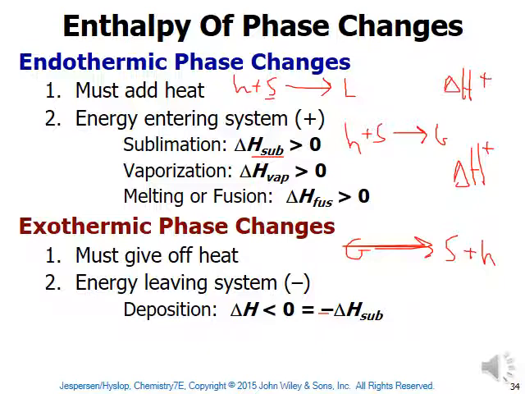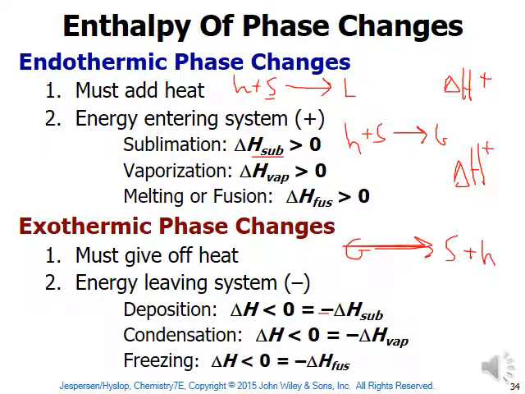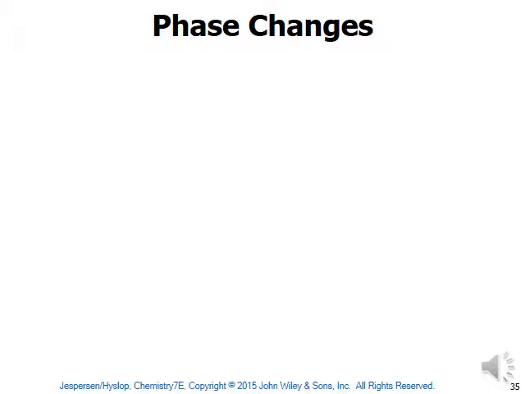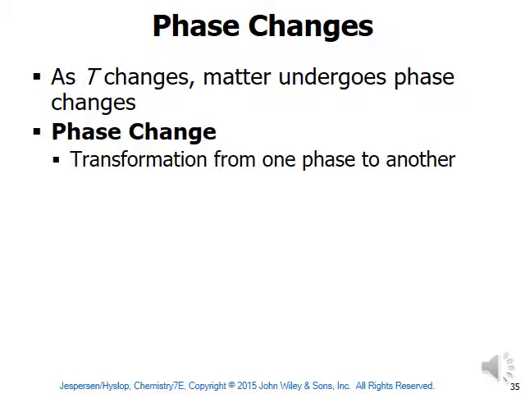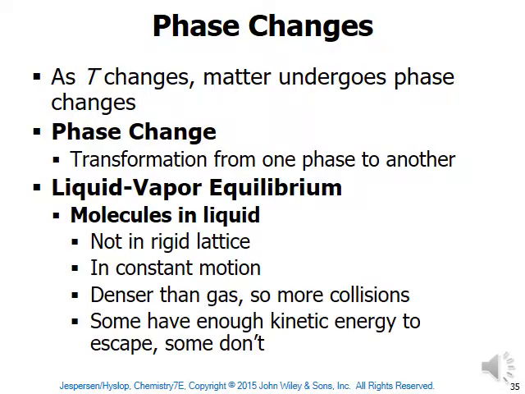Now, in General Chem, when we talked about enthalpy, we talked about why that is, and we'll probably talk about it more when we get into thermodynamics. Right, as T changes, matter undergoes phase changes, and we have something called equilibrium.